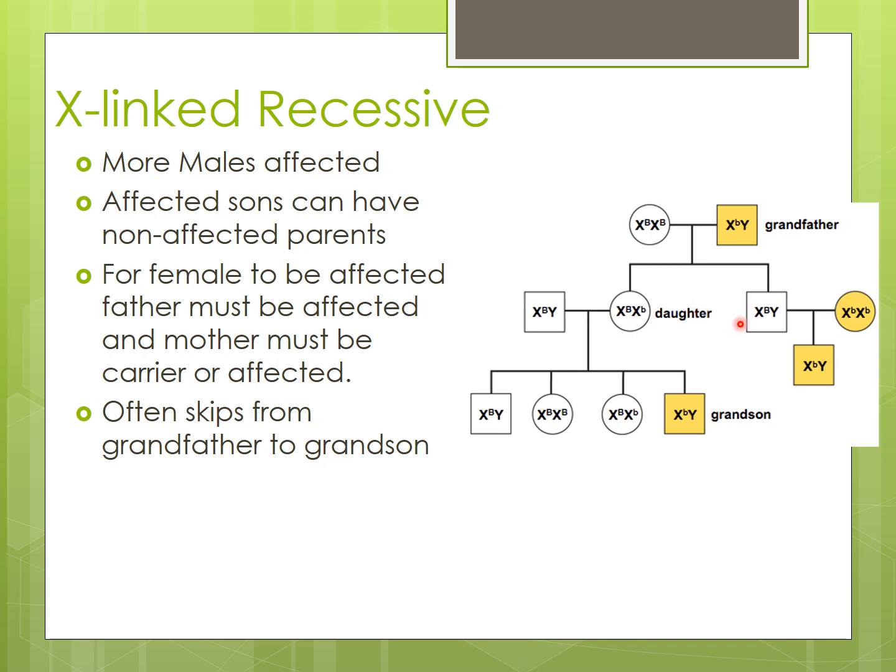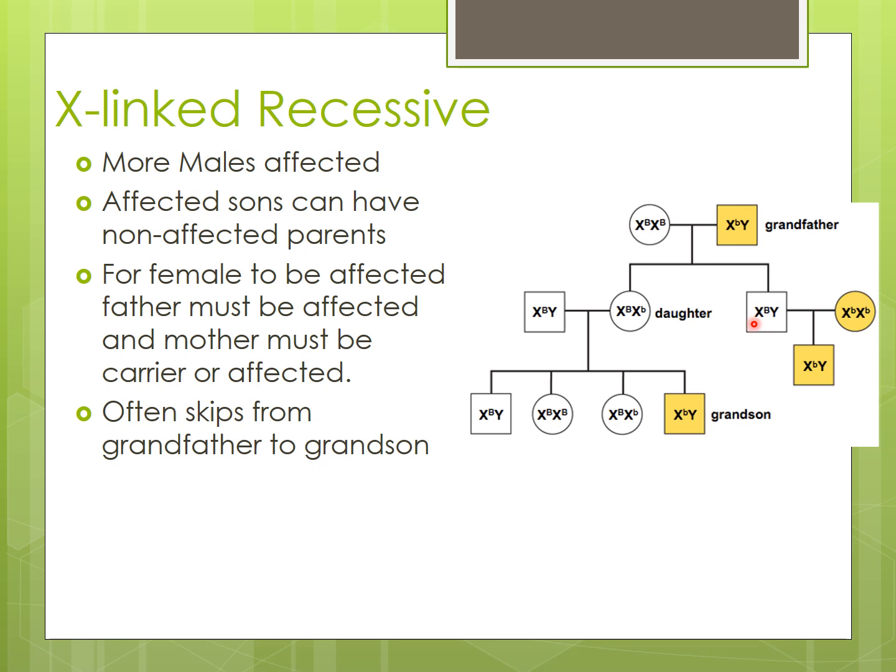The son could not get the X chromosome from his father, right? You get one sex chromosome from the mother and one sex chromosome from the father. So that son got one X chromosome carrying a dominant allele from the mother, and he got the Y chromosome from the father.